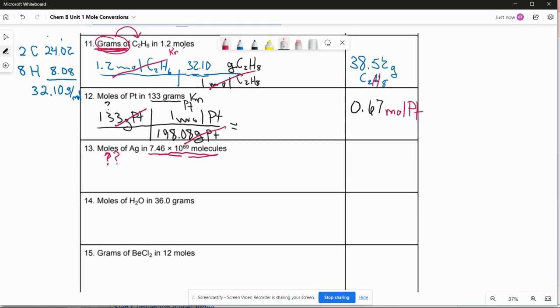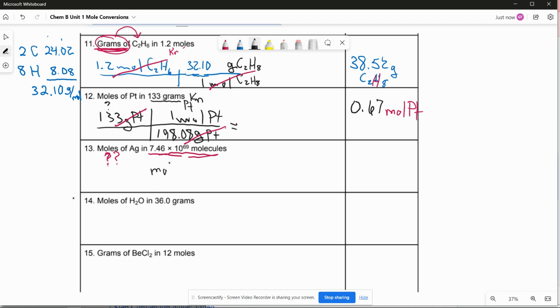In other words, I'm going to put molecules, and I'm going to leave a little more room because that's a big number I've got to write there. So I'm going to scoot over a little bit.